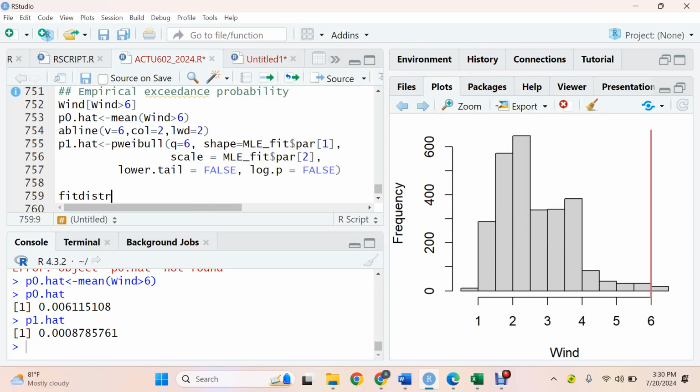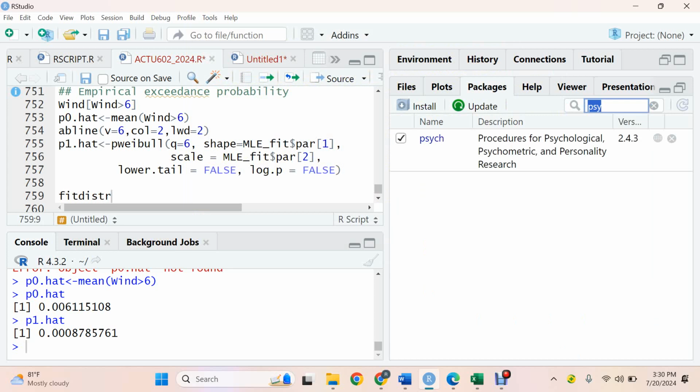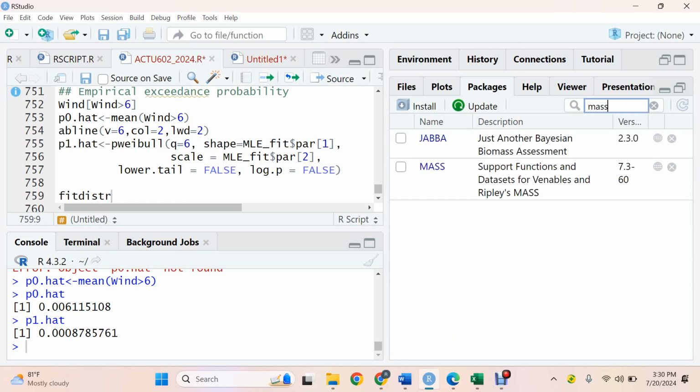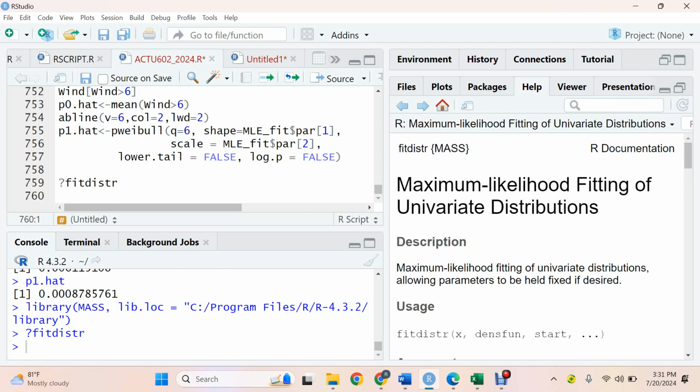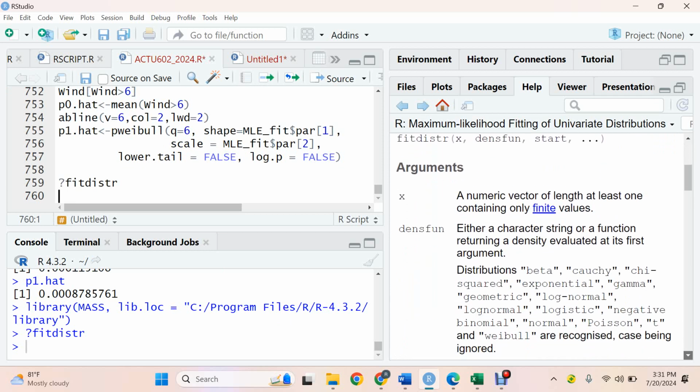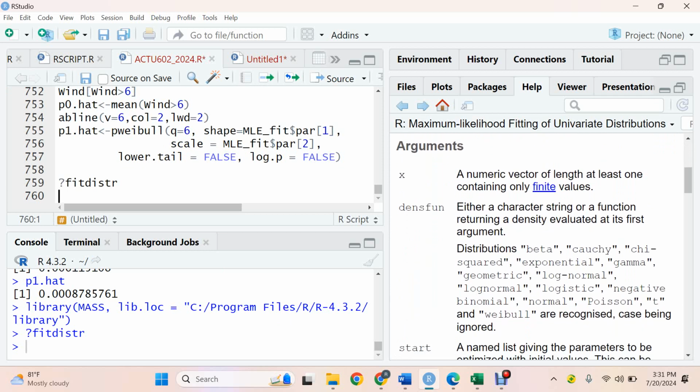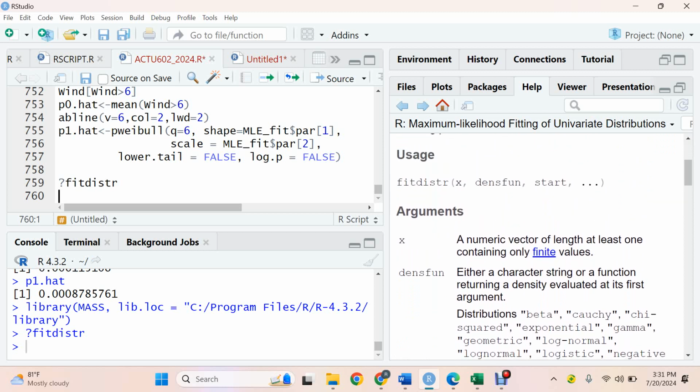No, we need package MASS, right? Mass. And then there's fit. Remember, we have several distributions in there. Okay, so let's see. We can use a log normal, right? So let's just fit it, and then we see how well that fits the tail.